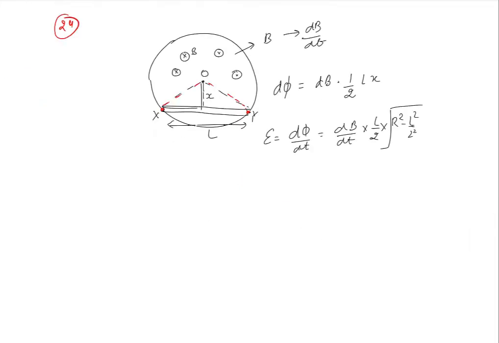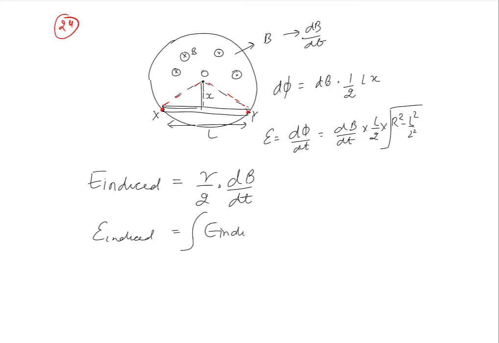You could also solve this problem if you remember one important result that says that electric field induced will be equal to r by 2 into dB by dt. Because of changing magnetic field, this will be the electric field induced, and EMF induced, magnitude of it, is nothing but electric field induced into ds.